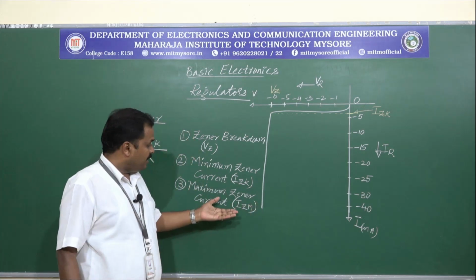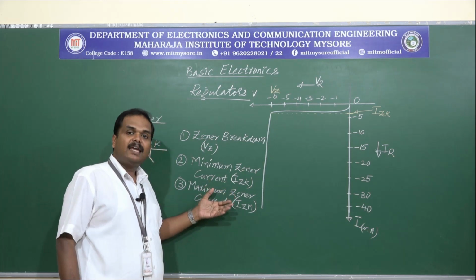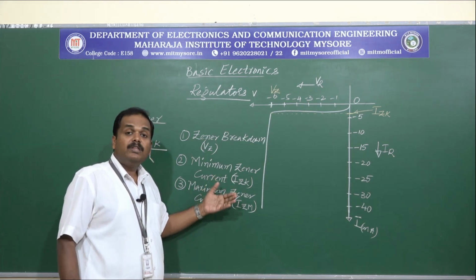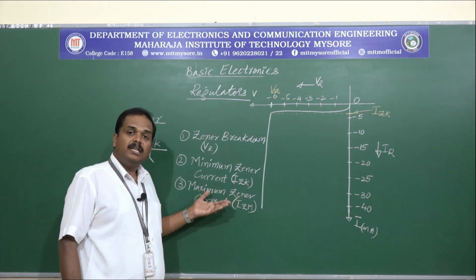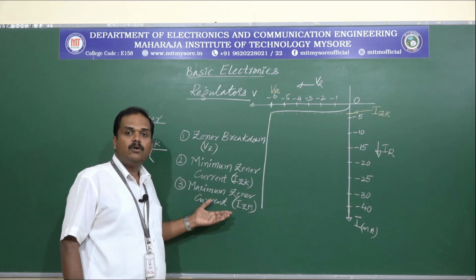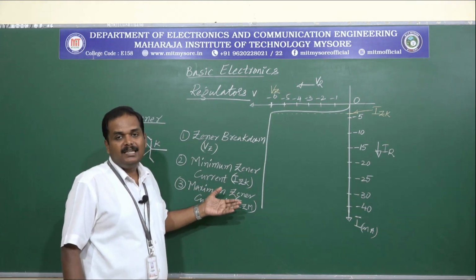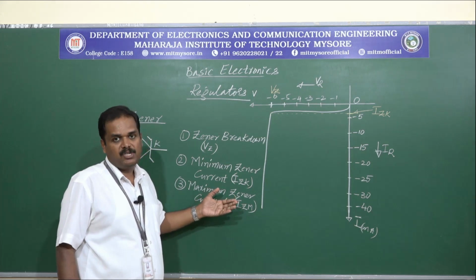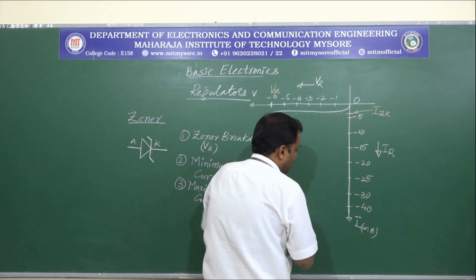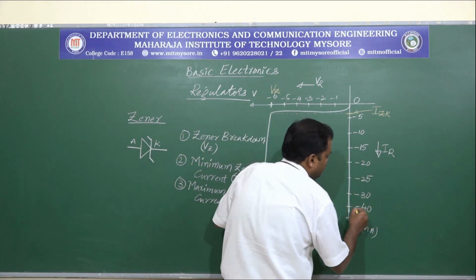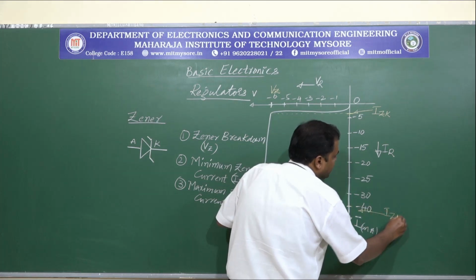This is the reverse current that the Zener can carry at maximum without being destroyed, or without exceeding the maximum power dissipation. Usually this level, minus 40 milliamperes, is the point that we consider as IZM.